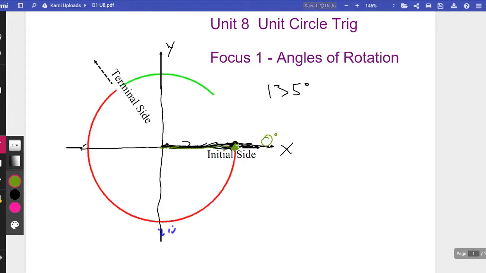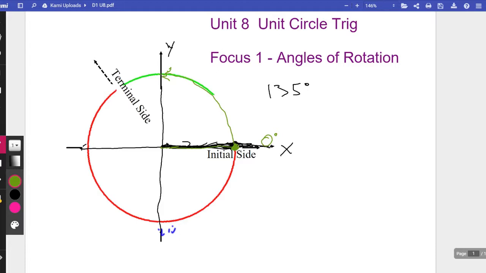Well, I know that if we go straight to the y-axis, that's got to be 90 degrees because it makes a right angle, and a number of other reasons why that would have to be 90, but somewhat obvious. So this would be 90 degrees. And then we've already gone 90, so we could figure out that that's 45 more degrees we'd have to travel.